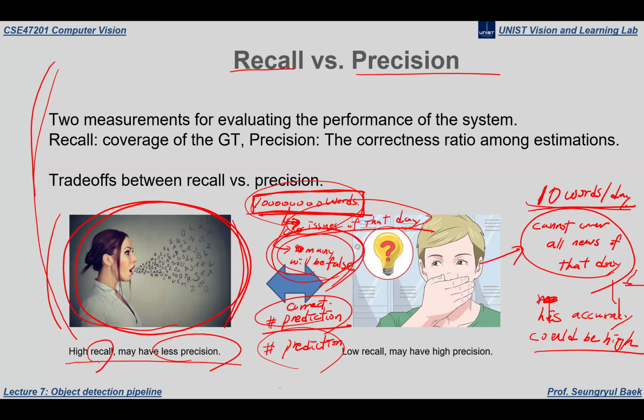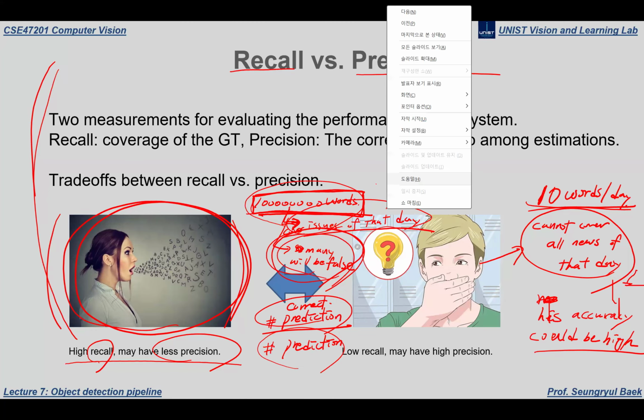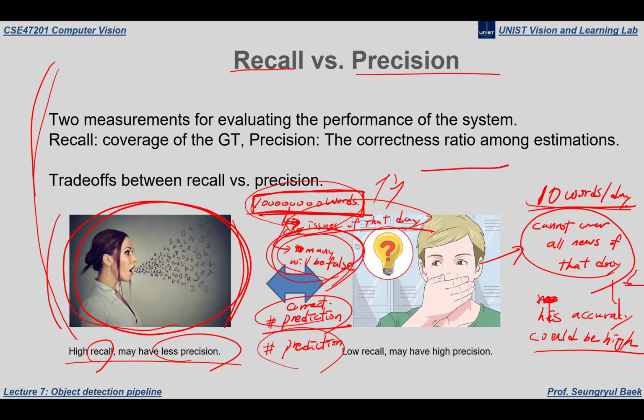But for recall, what they calculate is the number of correct predictions divided by the number of ground truth objects. So if we have many predictions, there would be a high probability to cover all the ground truths.